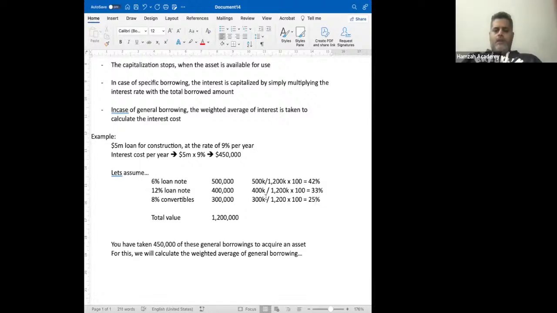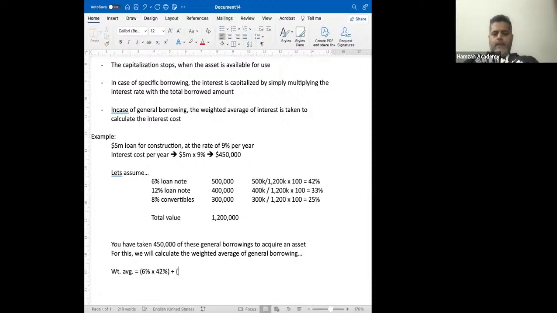Okay, thank you. So now we have calculated the weights, and these are the loan percentages. Now in order to calculate the weighted average, we have this formula: the first one, the loan note, the interest rate is 6% into 42%.